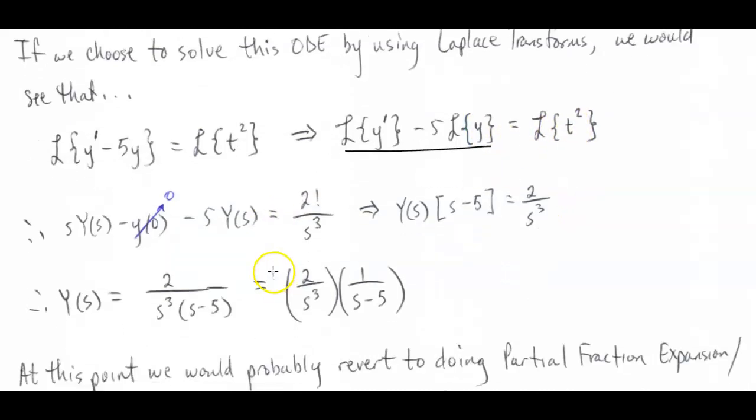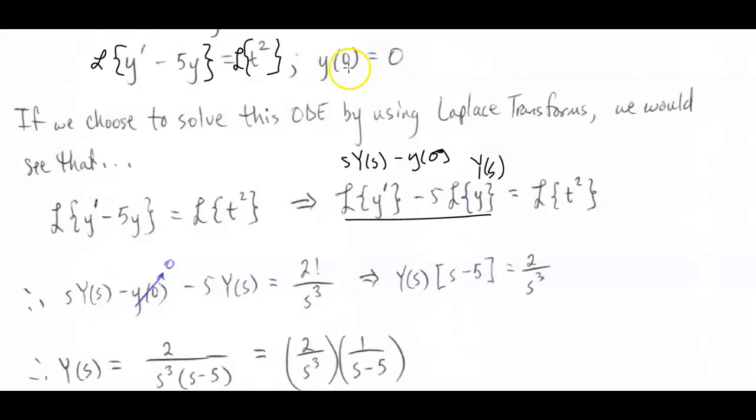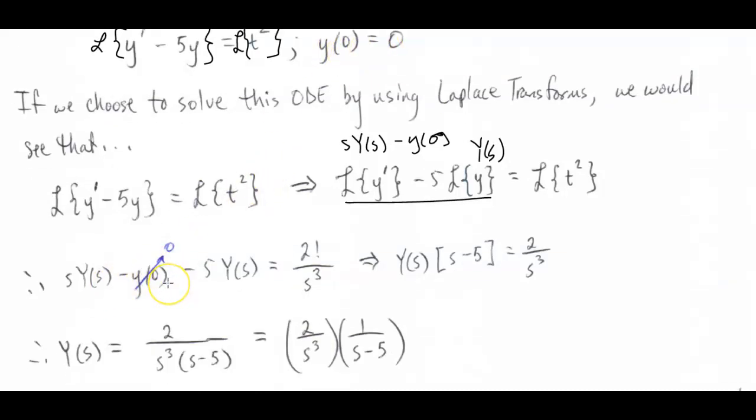If you recall, the Laplace transform of the derivative of a function is s times big Y of s minus y of 0, and the Laplace transform of y is just Y of s. So if we put that all here, the left side ends up being what you see there. Our initial condition is y of 0 is 0, so we replace all that with 0.